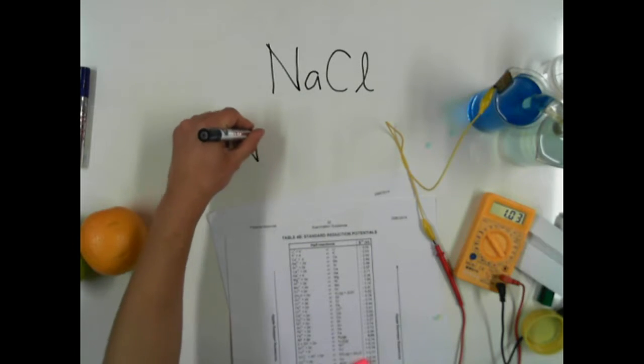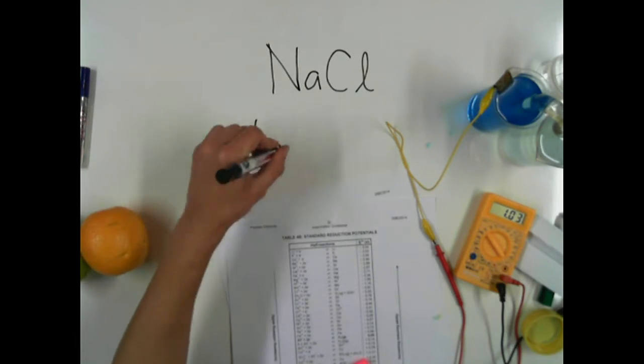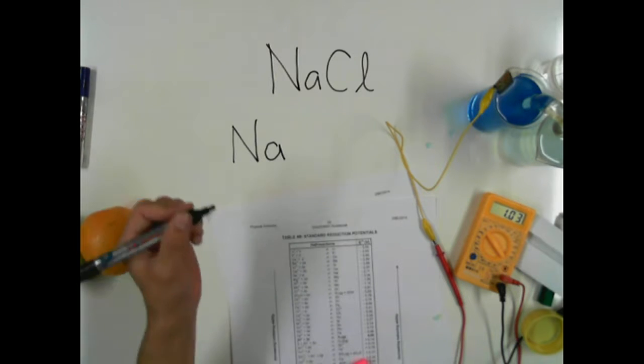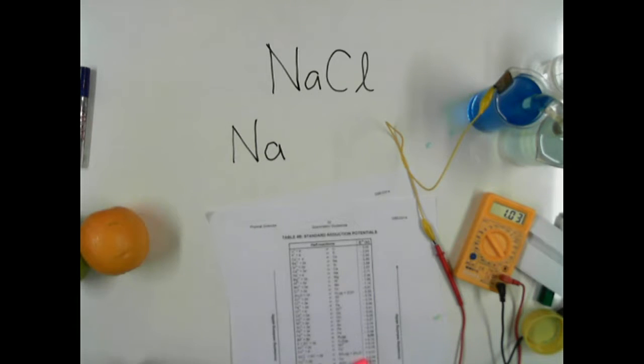Okay, so how do I make table salt? And this is where you reintroduce writing the half reactions. So we tell it like a story from left to right. So I start out with the sodium atom, if I want to make some table salt, and something happens to the electron which is on it. Now, some teachers like to use Lewis dot diagrams, but it's up to you.